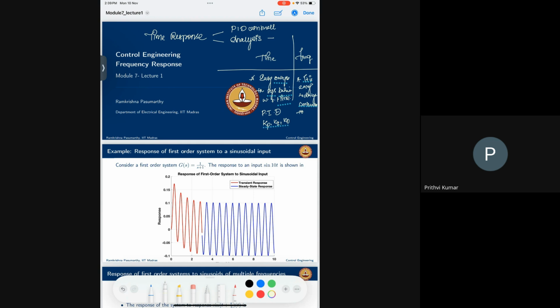Sometimes for some systems, we don't know what to tune or how to tune these PI, PID controllers. We require some external method like the Ziegler-Nichols plot to make this tuning. But in frequency domain, it will be easy to analyze the system and also to design a suitable controller so that we can make the system work according to our requirement. This is one big advantage when you go to the frequency domain.